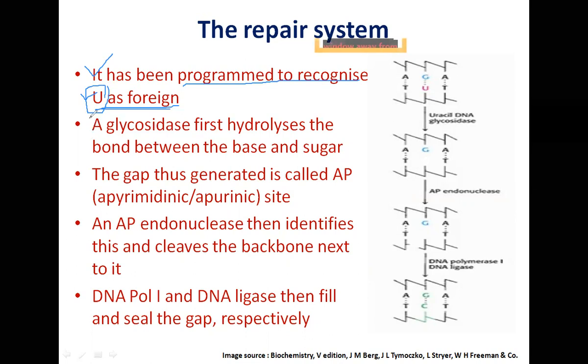And then there is an enzyme called glycosidase. Glycosidase is an enzyme which will be hydrolyzing the glycosidic bond. So what does it do? It hydrolyzes this glycosidic bond, which bonds the base to the sugar.